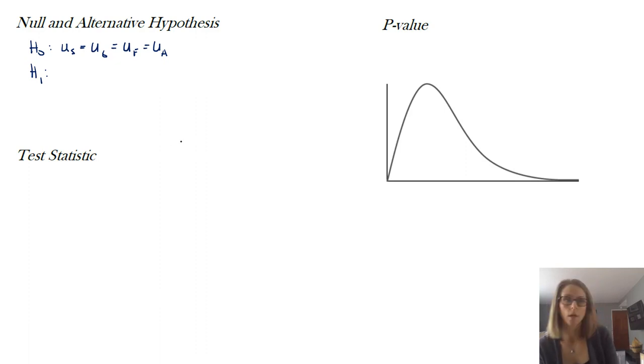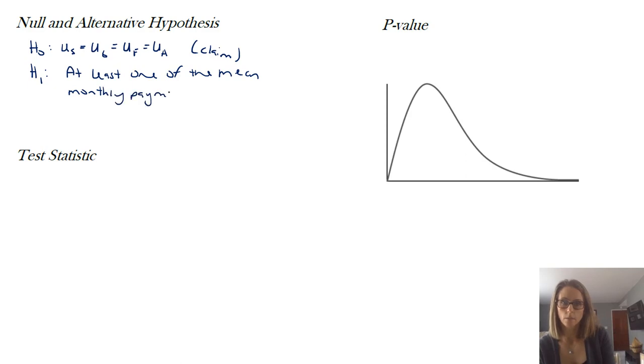And that is our claim. So don't forget, that is the claim that they are equal. And then we can say at least one of the mean monthly payments is different.